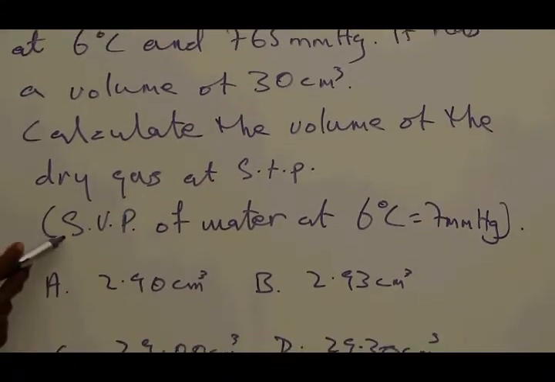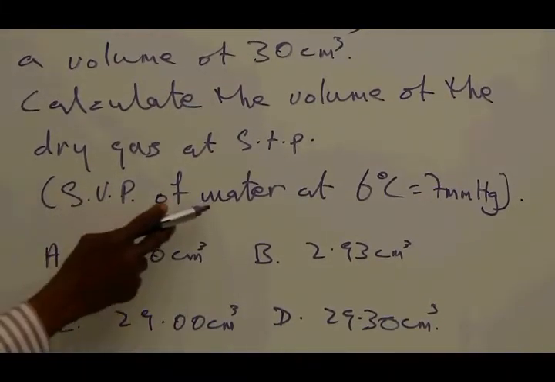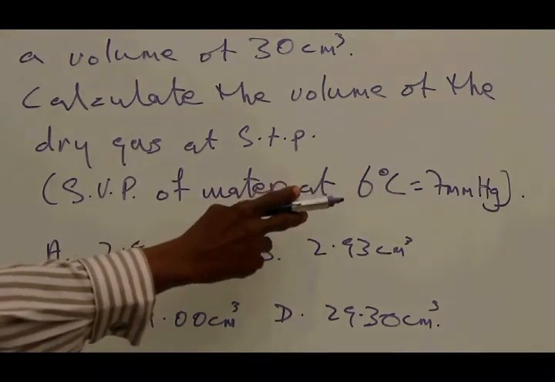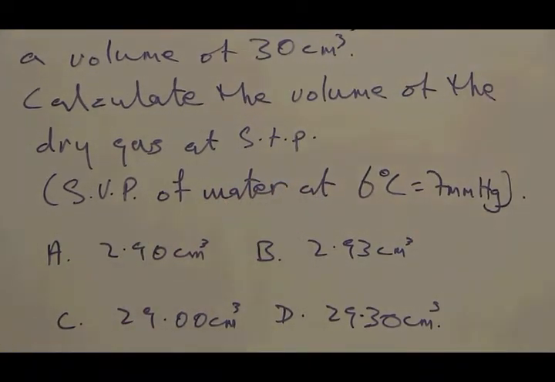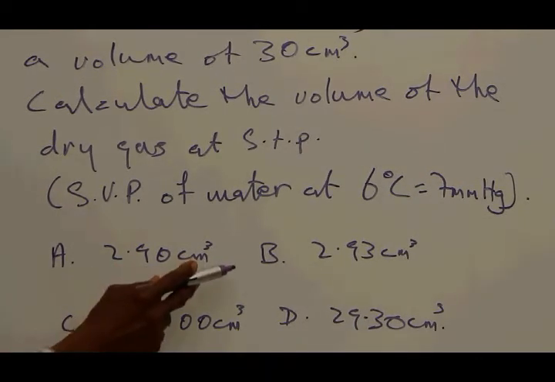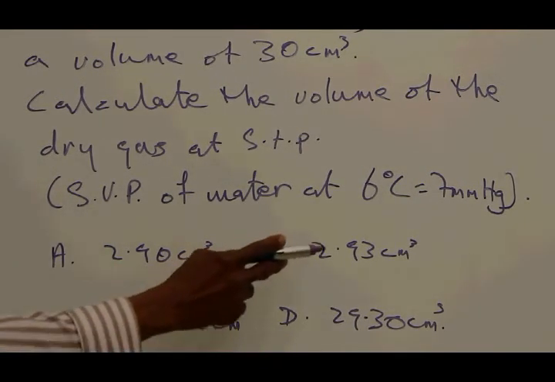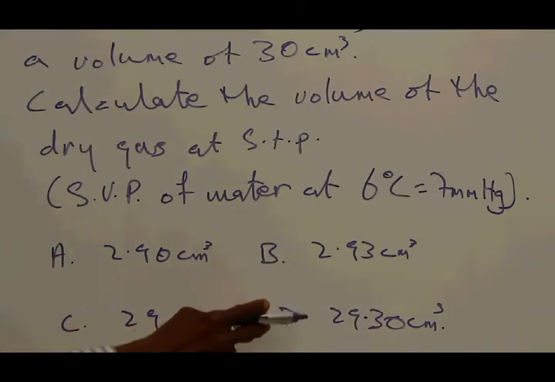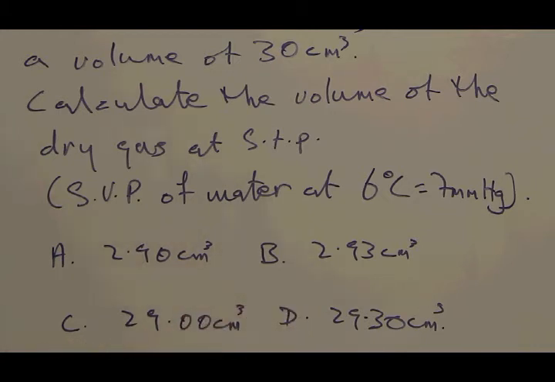We are given that the saturated vapor pressure of water at 6 degrees Celsius is 7 mmHg. The options are A, 2.9 cm³, B, 2.93 cm³, C, 29.00 cm³, and D, 29.30 cm³.